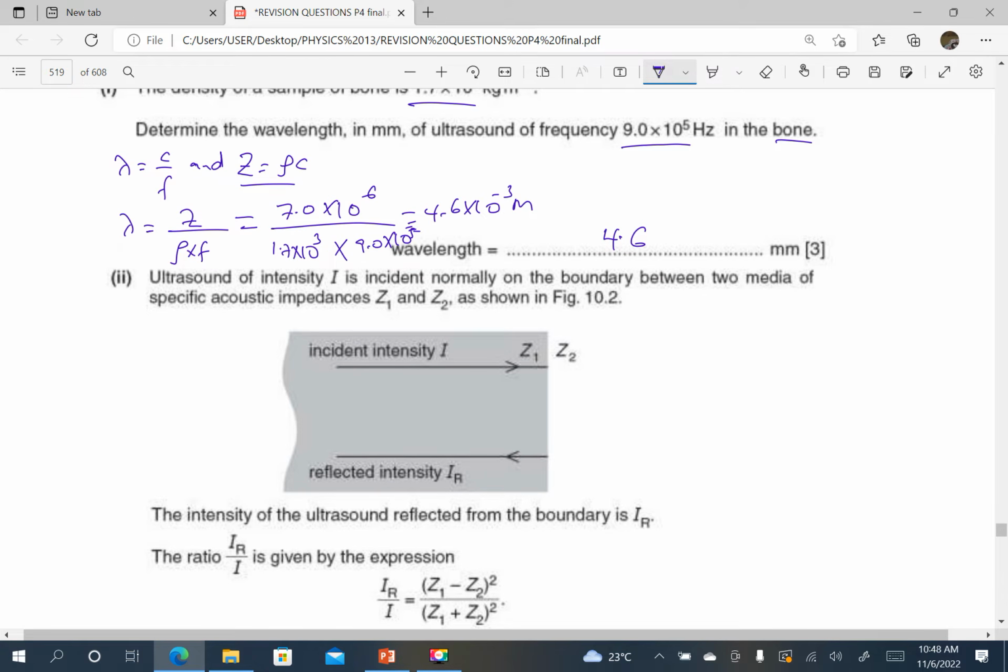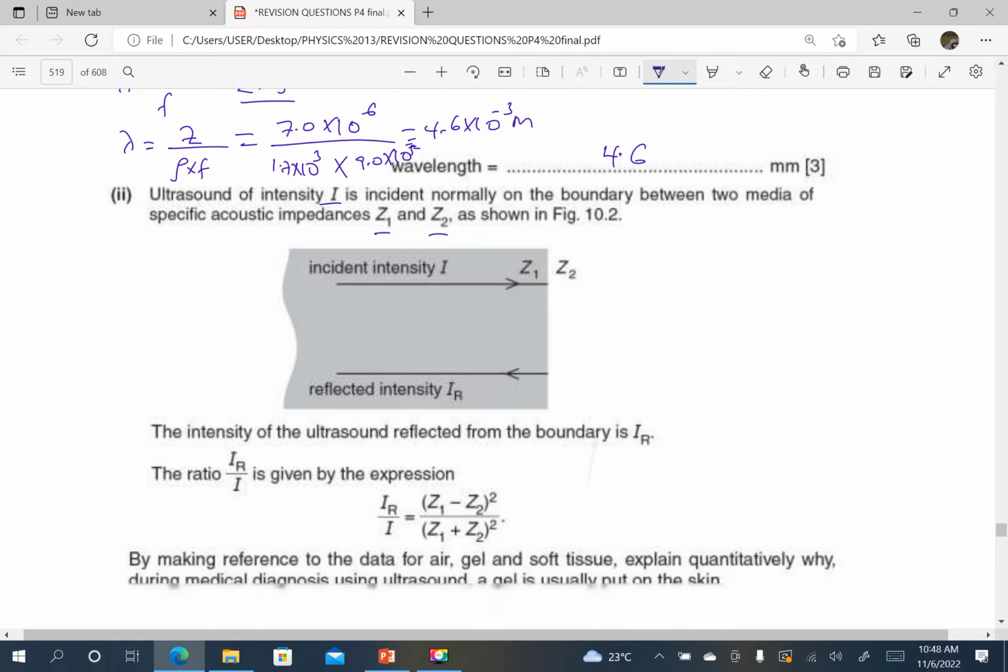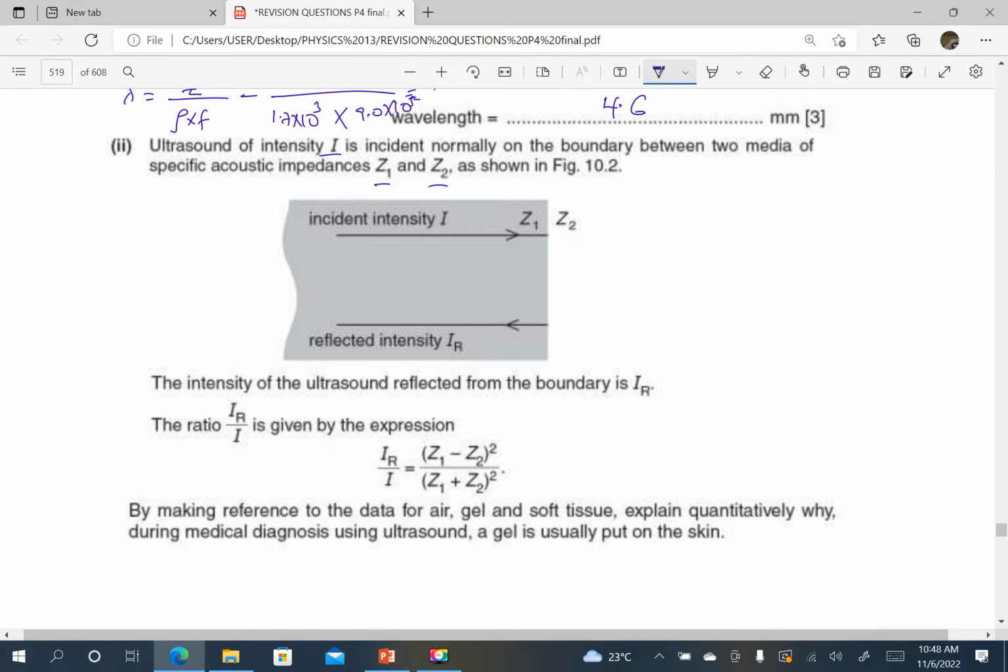Ultrasound of intensity I is incident normally on the boundary between two media of specific acoustic impedance Z1 and Z2 as shown in the figure below. The intensity of the ultrasound reflected from the boundary is IR.